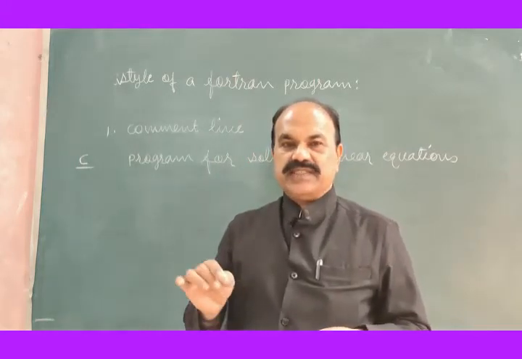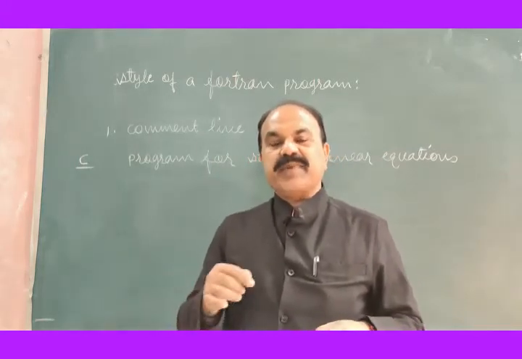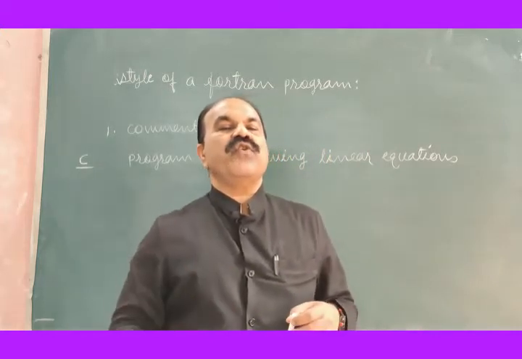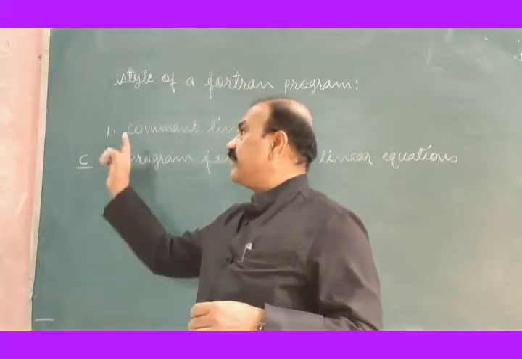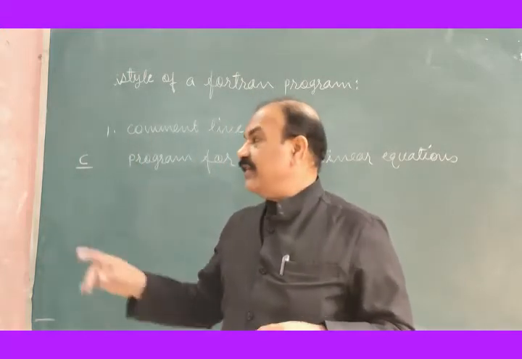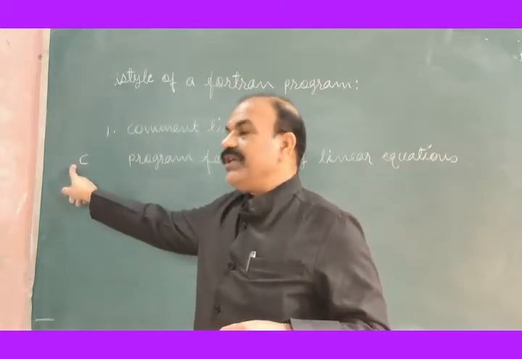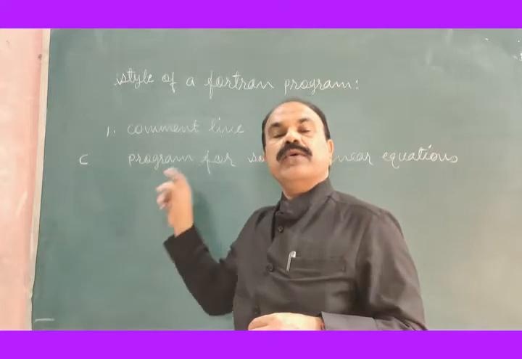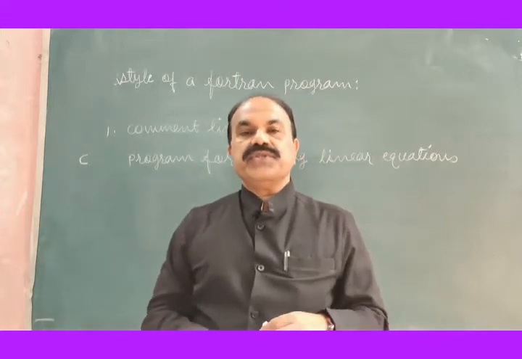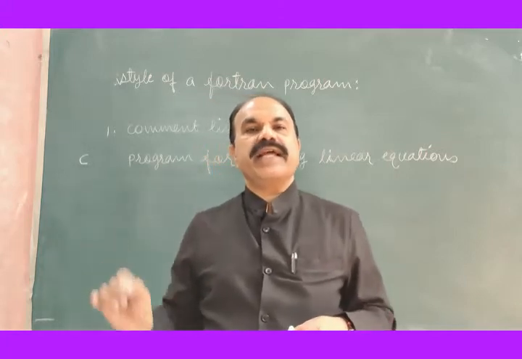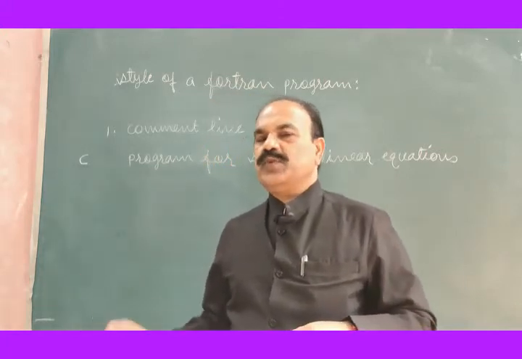In short, this line explains what is the purpose of writing the Fortran program. That is the comment line. Whenever we find a letter C on the first column, whatever follows it gives a short idea about the purpose of writing the Fortran program.